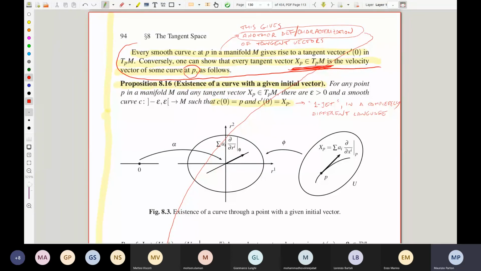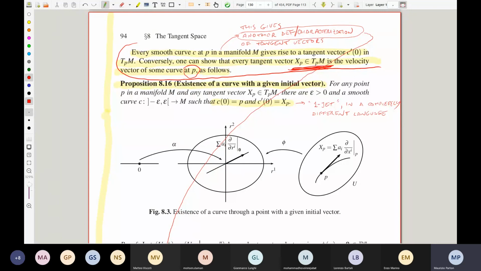Yes, it is. This means that I can define tangent vectors in a new way, as curves. Of course, I should put an equivalence relation such that two equivalent curves give the same tangent vector, okay?